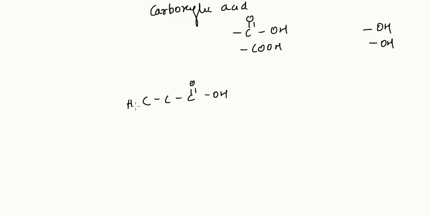So here, we have 3 carbon atoms. You have to also consider the carbon which is with the functional group. So since there are 1, 2, 3 carbon atoms, this would be named as propanoic acid.